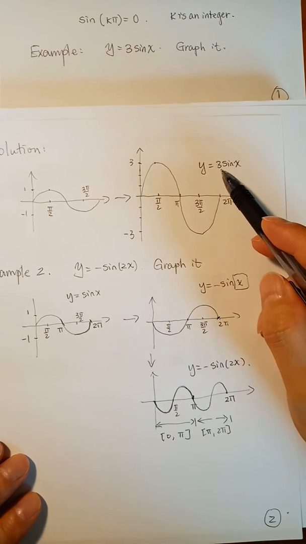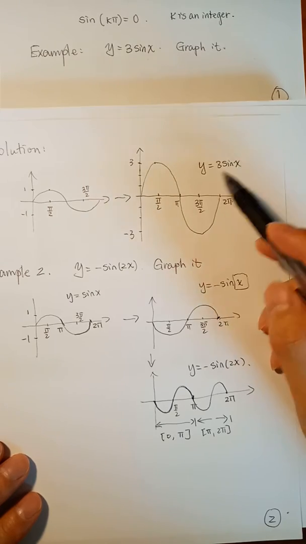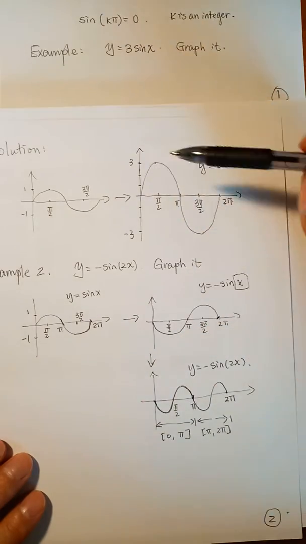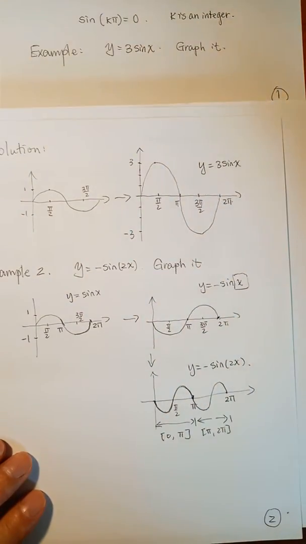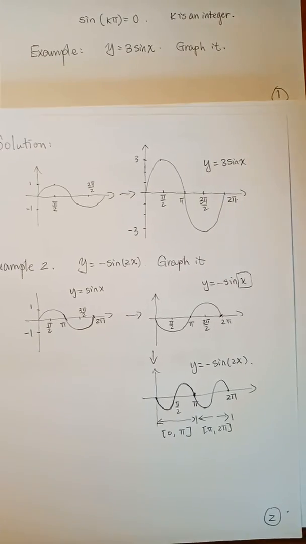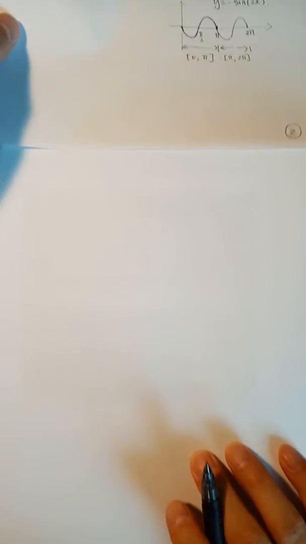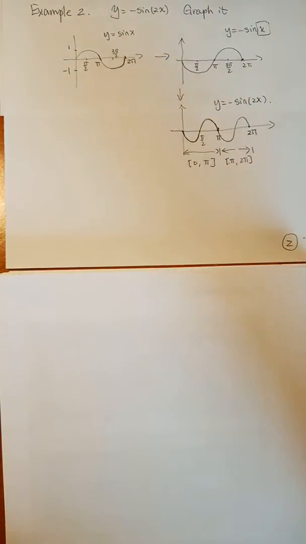This 3 affects the value after sine. So after you get the shape, you stretch it along the y direction. Before you get the shape, you stretch x. Okay? So that's the property. Okay, so that's the sine function. After you get the sine function, let's check the cosine function.